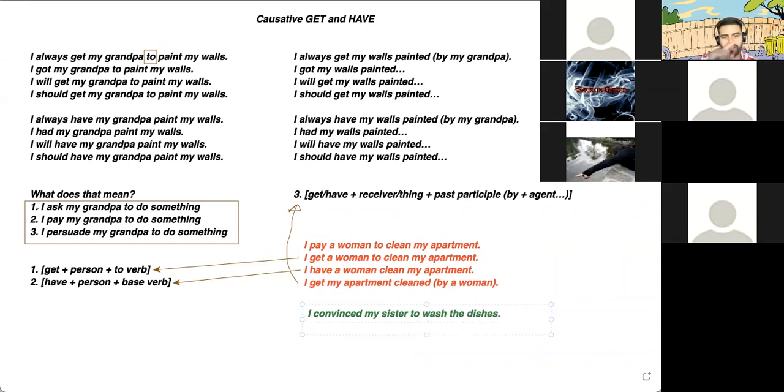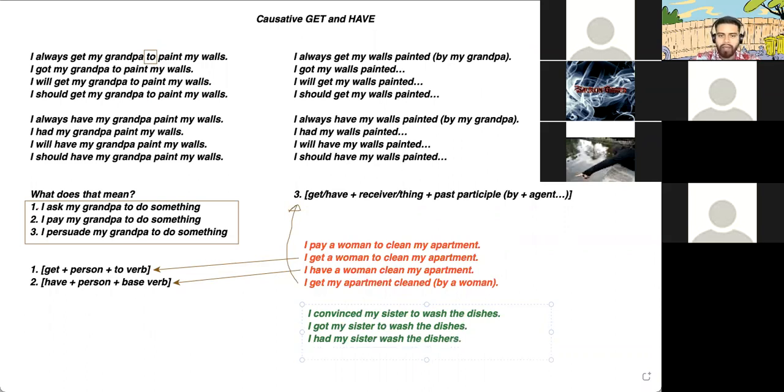Jan, how can I say this using the first formula? I got. I get my sister to wash the dishes. Excellent, Suri. Jenner, how can I say this using the second formula? I had my sister wash the dishes.